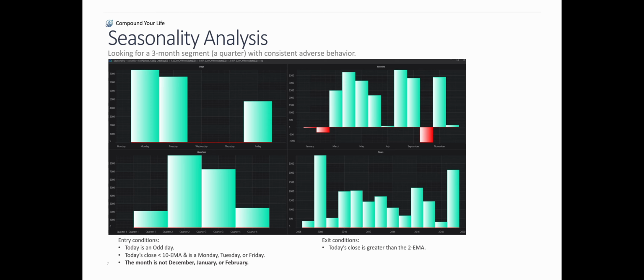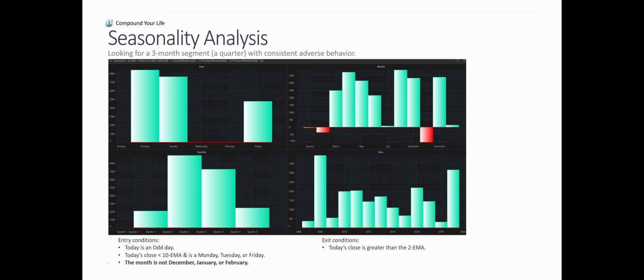So really, the unexplainable rules might be today is an odd day and today's close is less than the 10 EMA, but I think I could explain that rule as well. And then the exit condition is still the same. Today's close has to be greater than the 2 EMA.